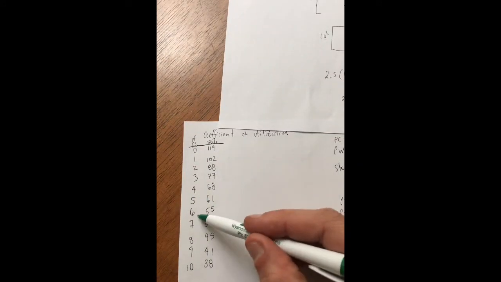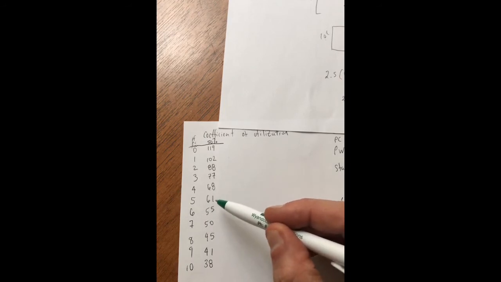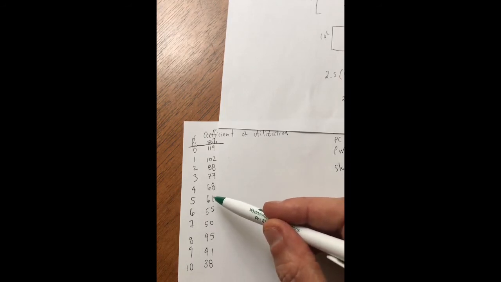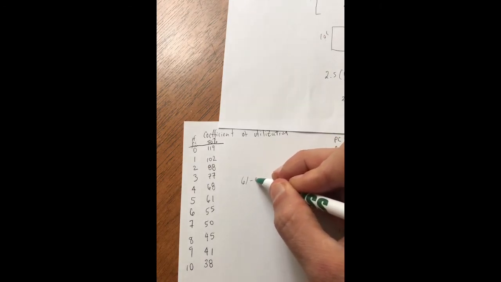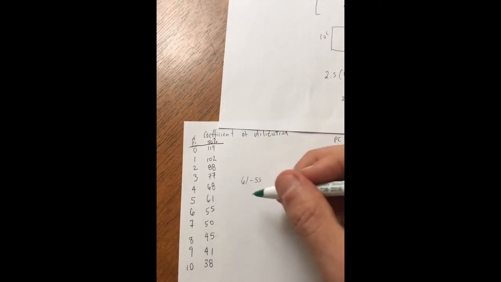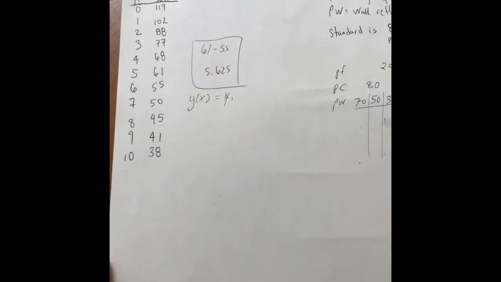So right here, 5.6. We're going to be between 61 and 55. And then we'll interpolate that 5.625 between the two. You can look at how to do interpolations. We're going to interpolate the data from two linear points.